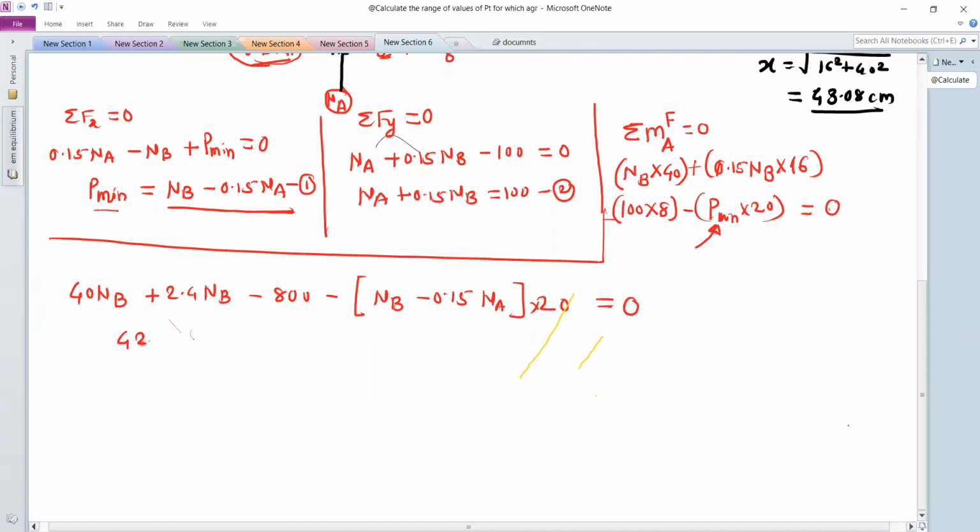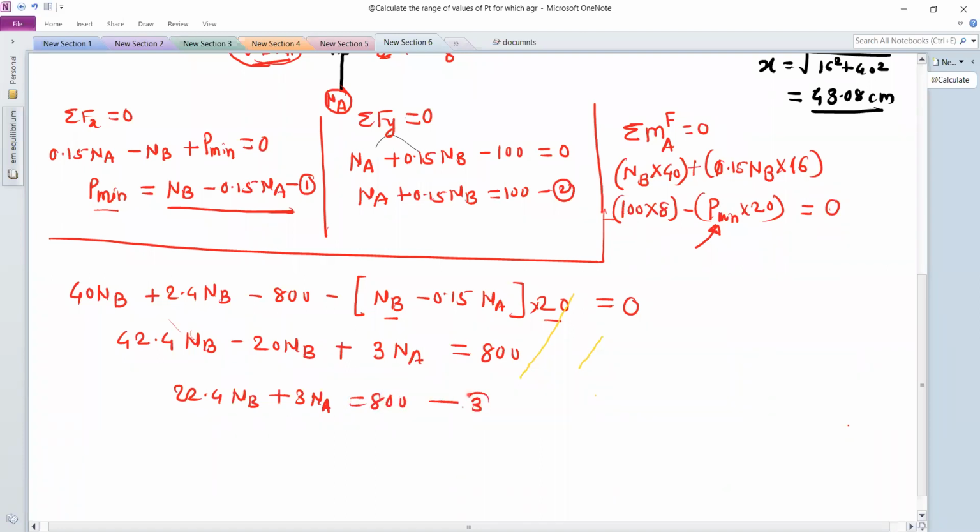So here you will get 42.4 NB minus 20 NB, then plus this 0.15 into 20, so this is 3 NA, and this is equal to 800. Actually this is negative. So 22.4 NB plus 3 NA is equal to 800.